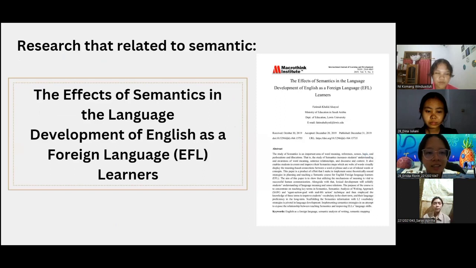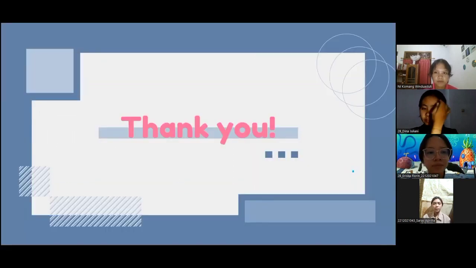And here is the research related to semantics. It's entitled "The Effects of Semantics in the Language Development of English as a Foreign Language Learners." So that's all about my explanation and conclusion.